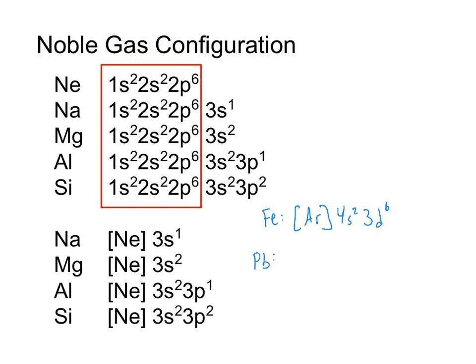The noble gas that comes before lead is xenon. The rest of the configuration after xenon would be 6s2, 4f14, 5d10, 6p2. Still fairly lengthy, but a lot shorter than what we had written before.